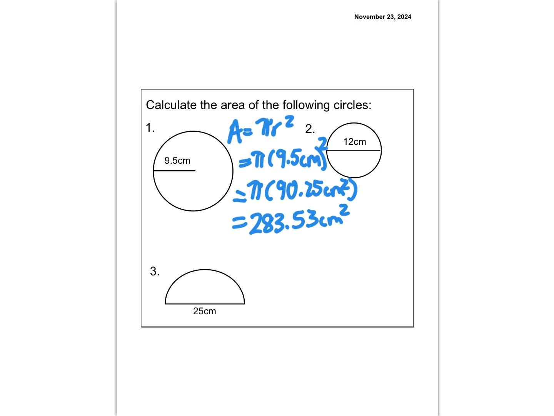So that's no problem. Straight up calculation, one that we should be comfortable with. The next one over here, so I'll change to red here, is a little bit different. As I look at this one, the concern that I see is that I don't have a radius, I have a diameter. So I actually need to change that. So radius equals diameter divided by 2, which would be 12 centimeters divided by 2, which is 6 centimeters. Then I'm good. I can go ahead and do A equals pi r squared.